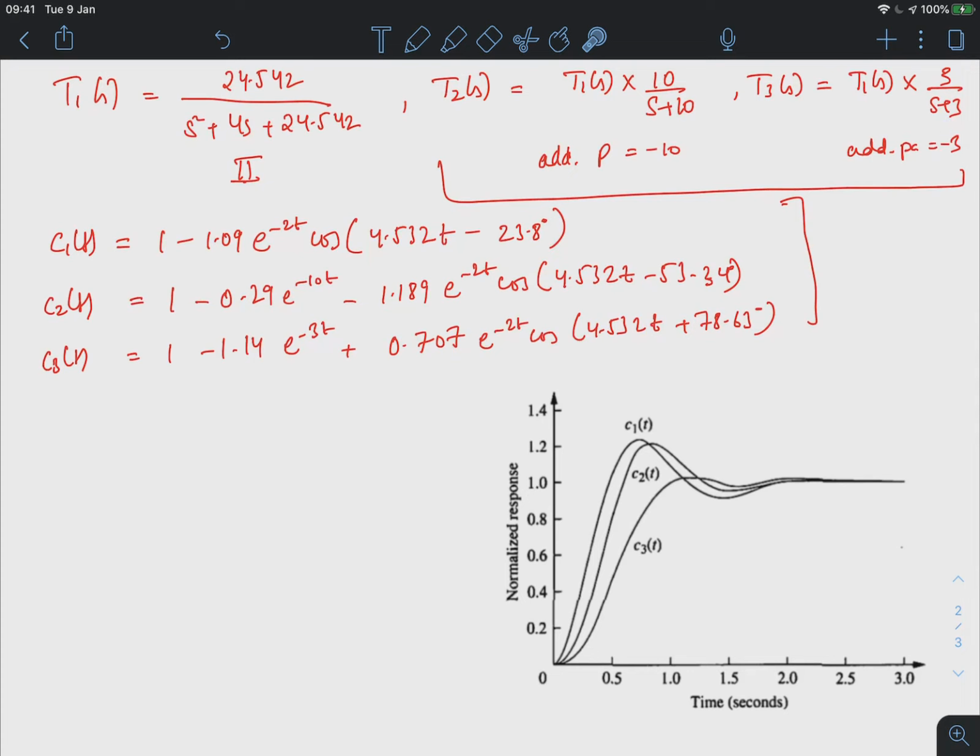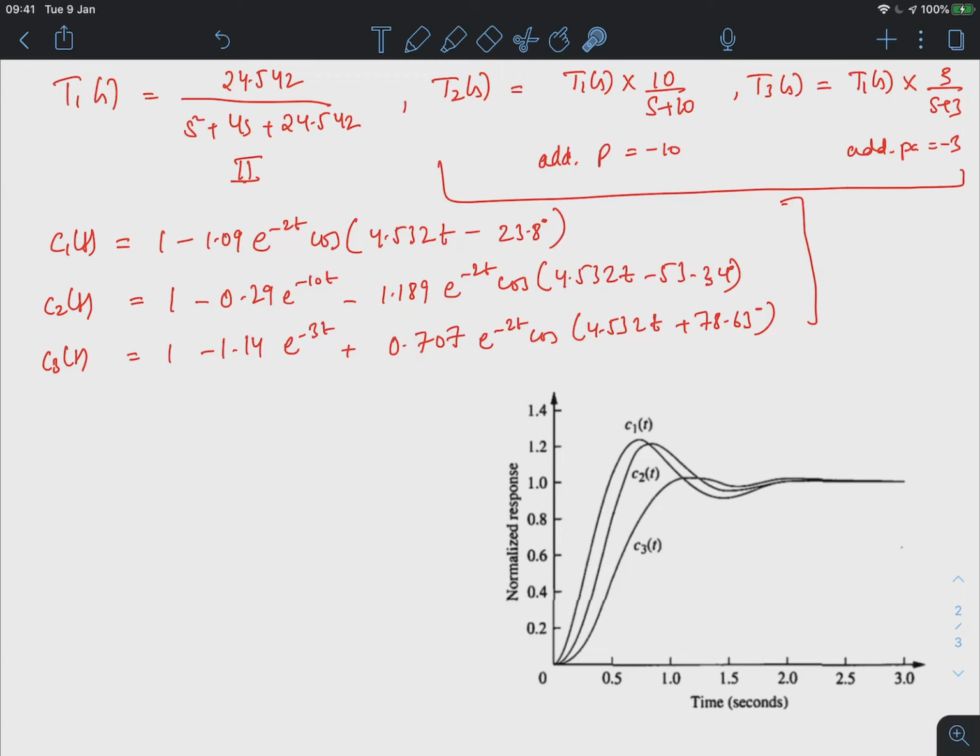Okay, and for these three responses this is the graph you would obtain. If we apply the previous analysis onto this, we know that the pole at minus 10 is located farther from the dominant poles of the second order system, and this additional pole at minus 3 is located near to the dominant poles.